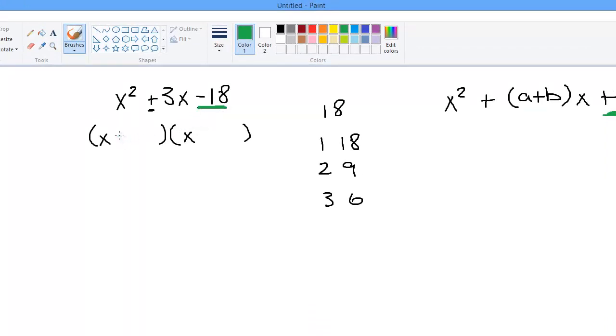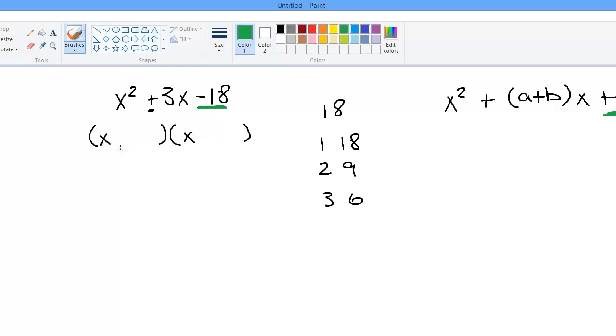This means there's only one way that you can get a negative number here. If this had been negative and negative, so x minus something and x minus something, when we multiplied these two numbers, they would have become positive. So they cannot be both negative.